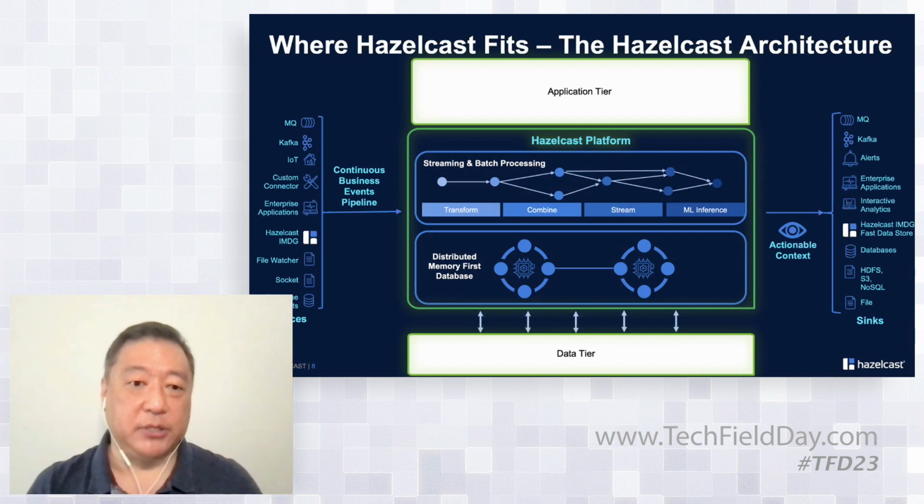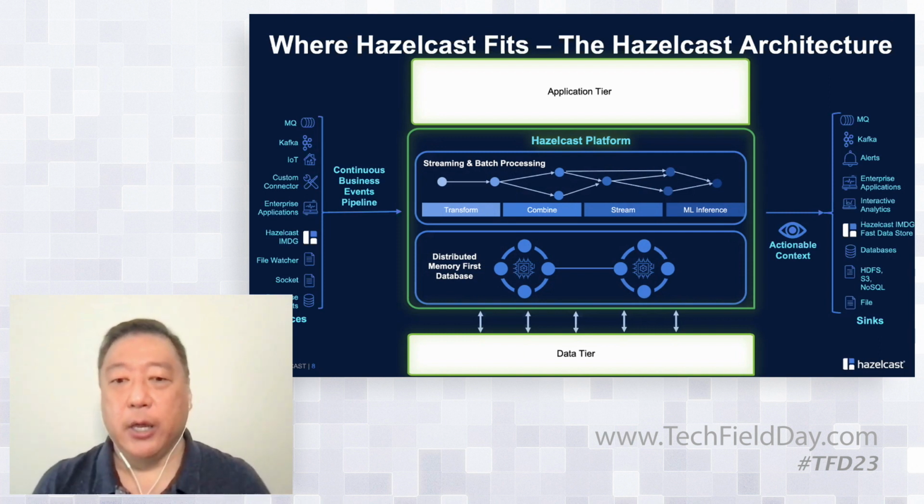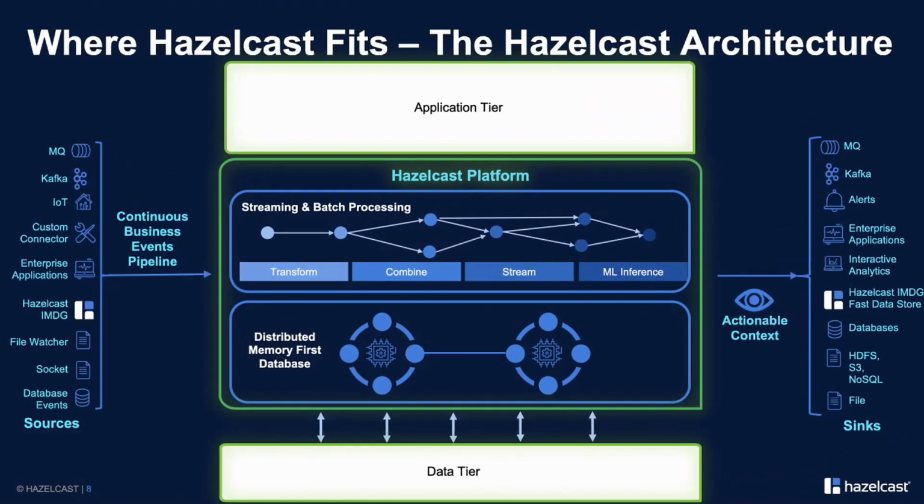At the bottom, where it says distributed memory-first database, you can think of it as a storage mechanism in memory. Because it's distributed, it handles all of the fault tolerance capabilities to make sure that there is no data loss. There is some notion of persistence so that you can ensure extra durability should a node go down and you want to restart quickly.